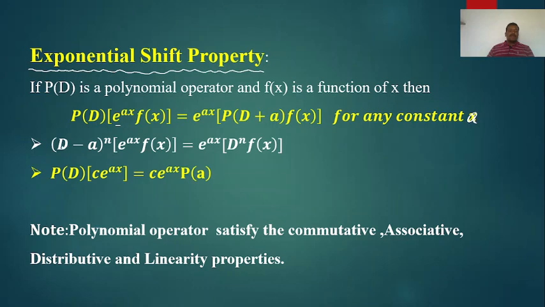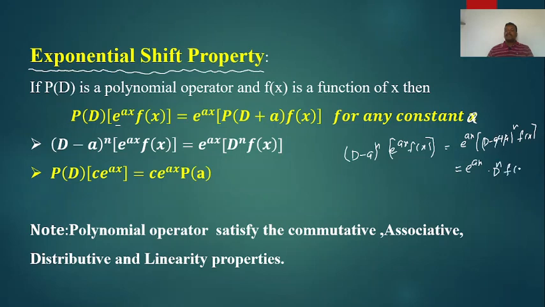Using this formula, (D - a)^n e^(ax) f(x) = e^(ax) (D - a + a)^n f(x) = e^(ax) D^n f(x).